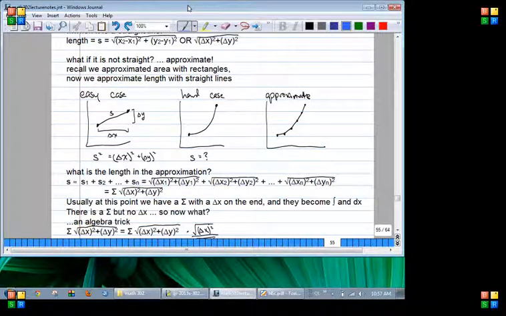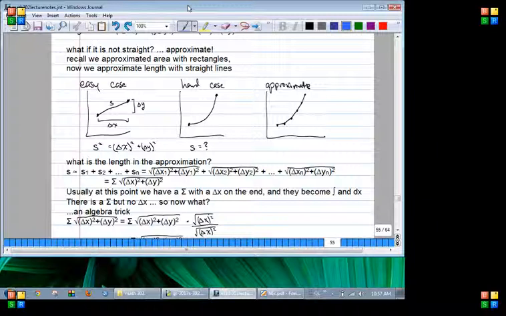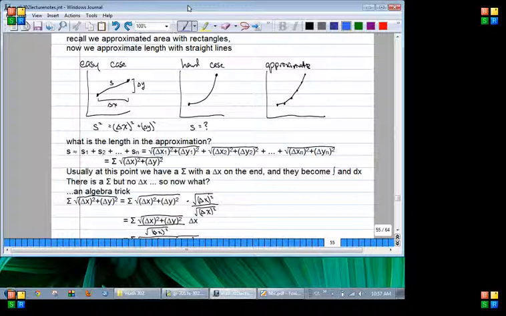Okay. So I'm going to do this very bizarre trick. I'm going to multiply by the square root of delta x squared divided by the square root of delta x squared. Now, obviously, I can do that, but the question is, why would I do that? Well, why I would do that is what you're about to see. So the top part of the fraction obviously just simplifies to delta x.